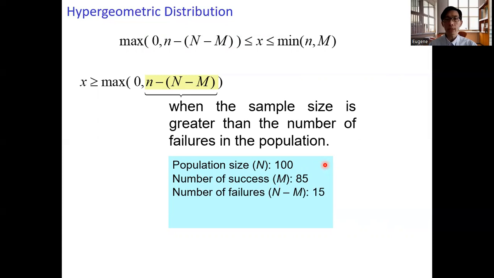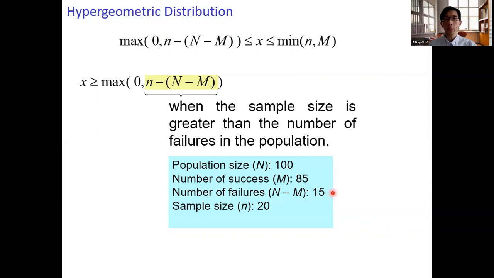Therefore, the number of failures in the population is 100 minus 85, which is 15. And suppose the sample size is 20. There are only 15 failures in the population.